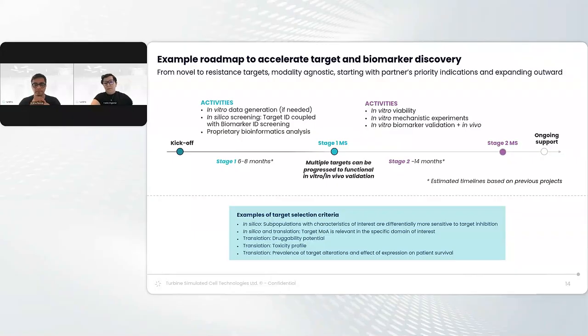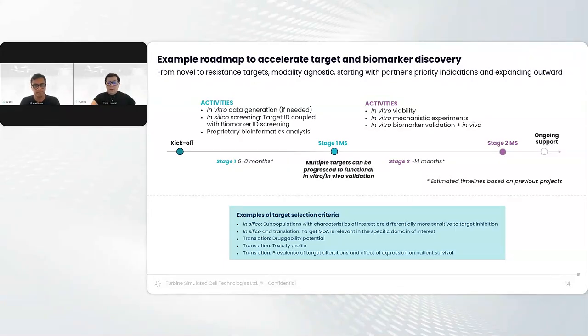So we are here using the simulation output for cell line selection. We are using the mechanistic hypothesis to identify PD markers that we can track in the validation experiments. And then these experimental data can also be fed back to the model.